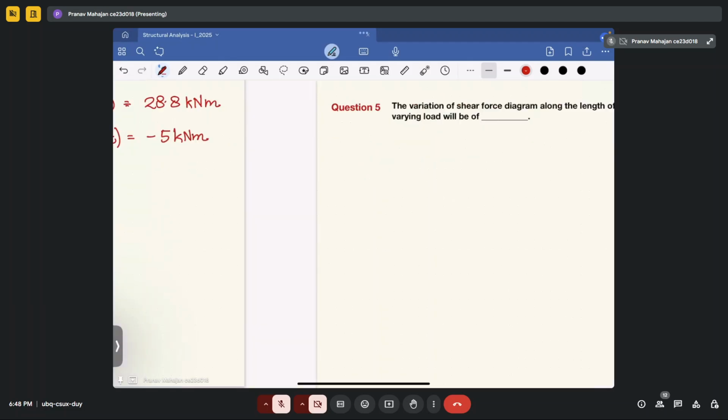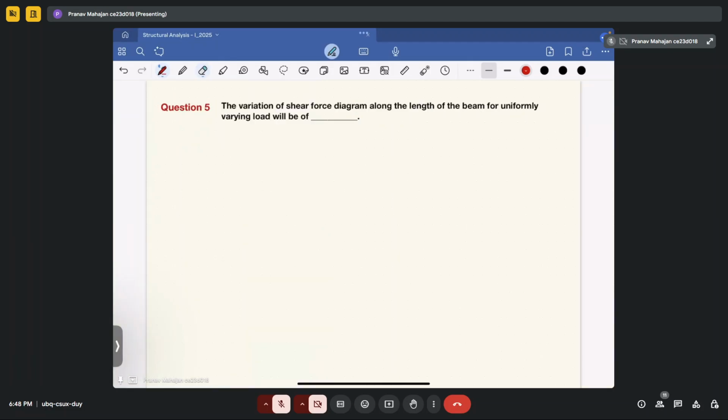Let's solve another problem. In this, he is telling you to determine the variation of shear force along the length of a beam for uniformly varying load. So this is the generalized thing that you need to remember, but these are the basic fundamentals you have to know. Okay. So let me draw one uniformly varying load.